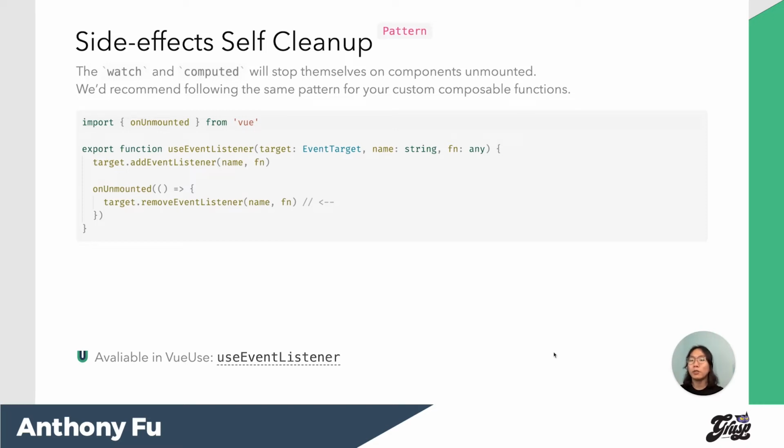For example, it's common to use addEventListener to register the handler of DOM events. When you finish the usage, you would also need to remember to unregister it using removeEventListener. In this case, we can have a function useEventListener that unregisters itself along with the component, so you don't need to worry about it anymore.